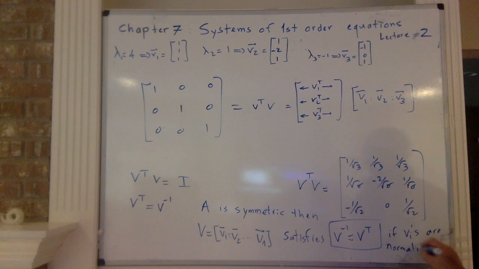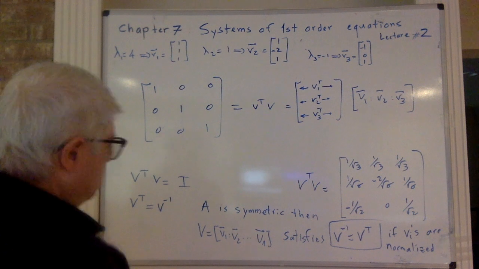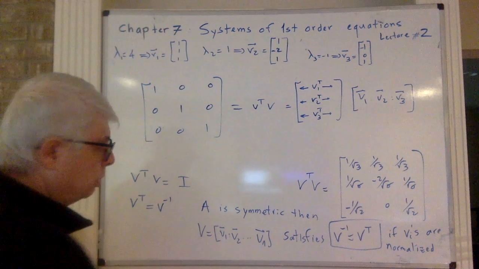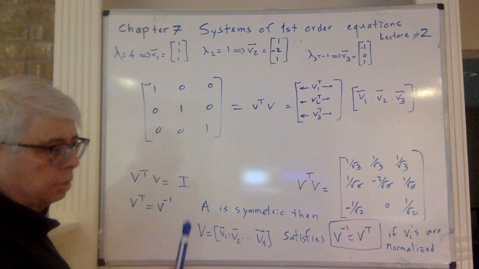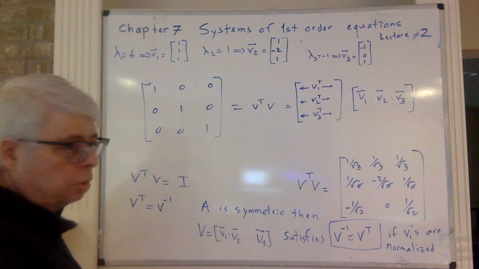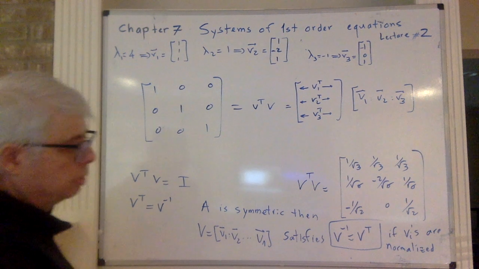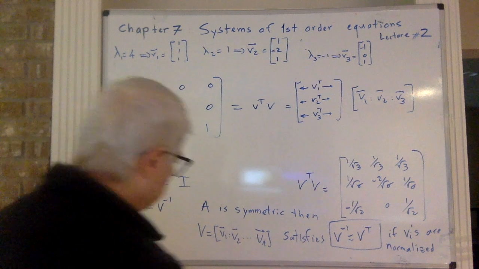That's what we call normalized. So this is like an orthonormal matrix. That's called an orthonormal matrix. The columns are normalized, say, and they're orthogonal to each other. Normalized means that they have length 1, and they are orthogonal to each other.